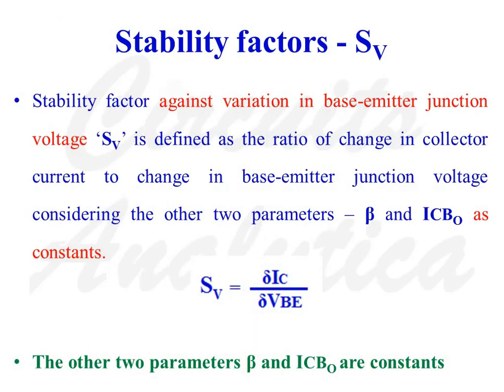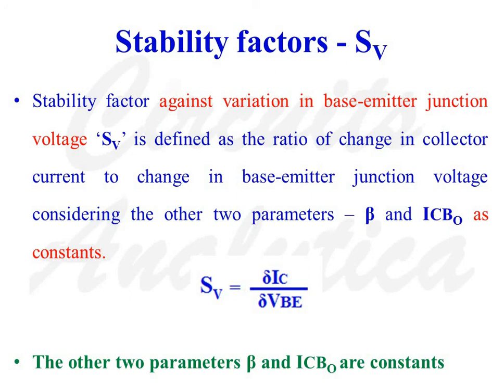Stability factor SV. Stability factor against variation in base emitter junction voltage SV is defined as the ratio of change in collector current to change in base emitter junction voltage, considering the other two parameters beta and ICBO as constants.